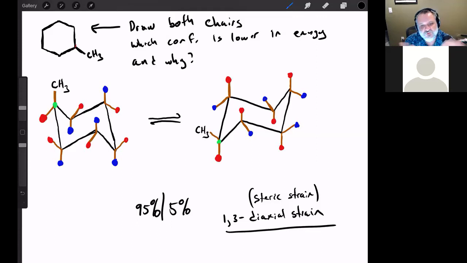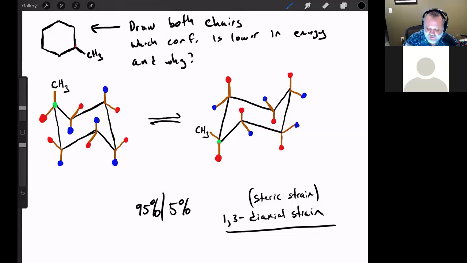Now, of course, this is just on average, because remember, the molecule can flip back and forth. But because it's an equilibrium, the lowest energy structure predominates the equilibrium. And in this case, the difference in energy leads to a 95% split in the actual populations of the two molecules. So which one of these things actually is exhibiting the most diaxial strain?